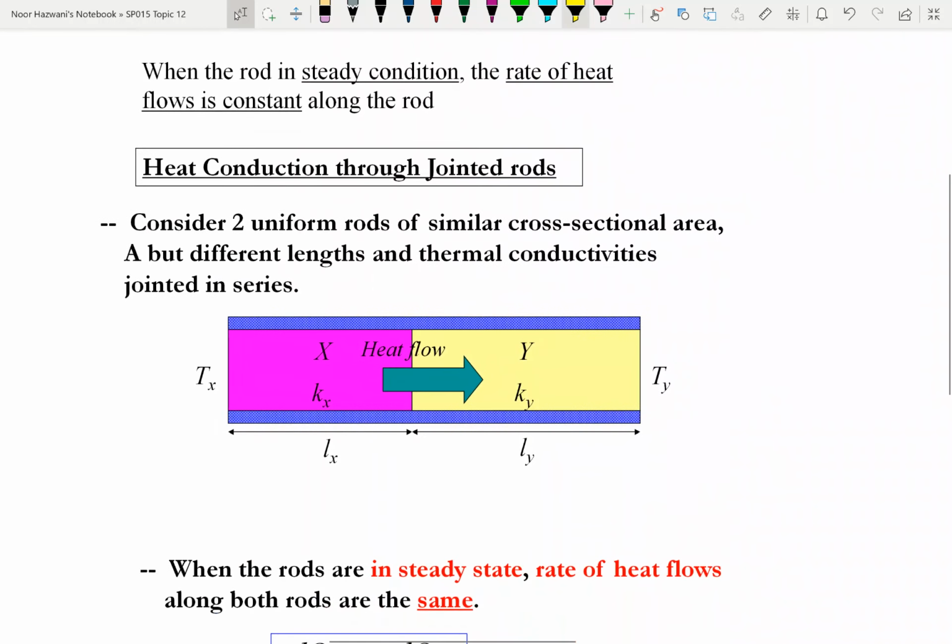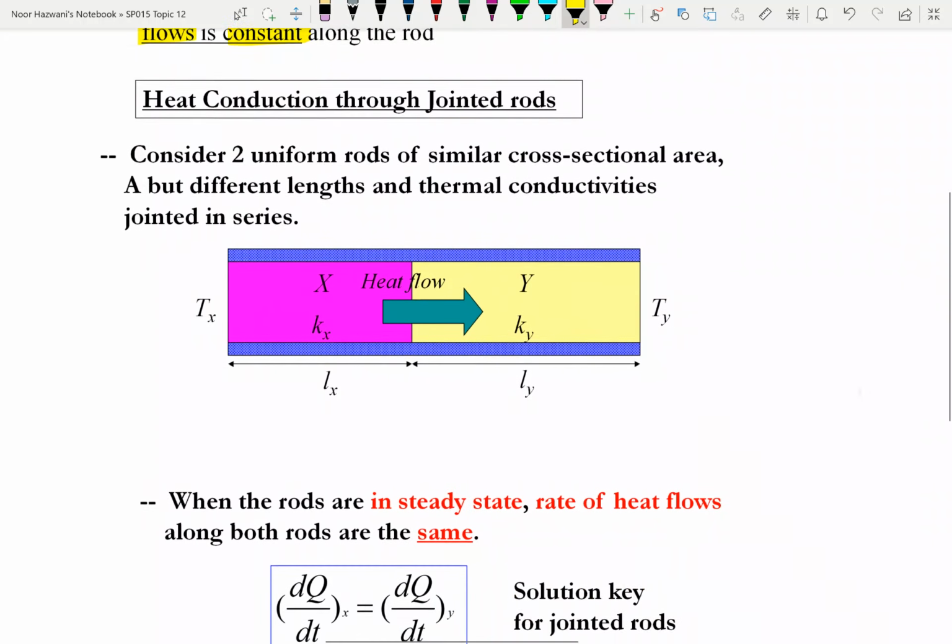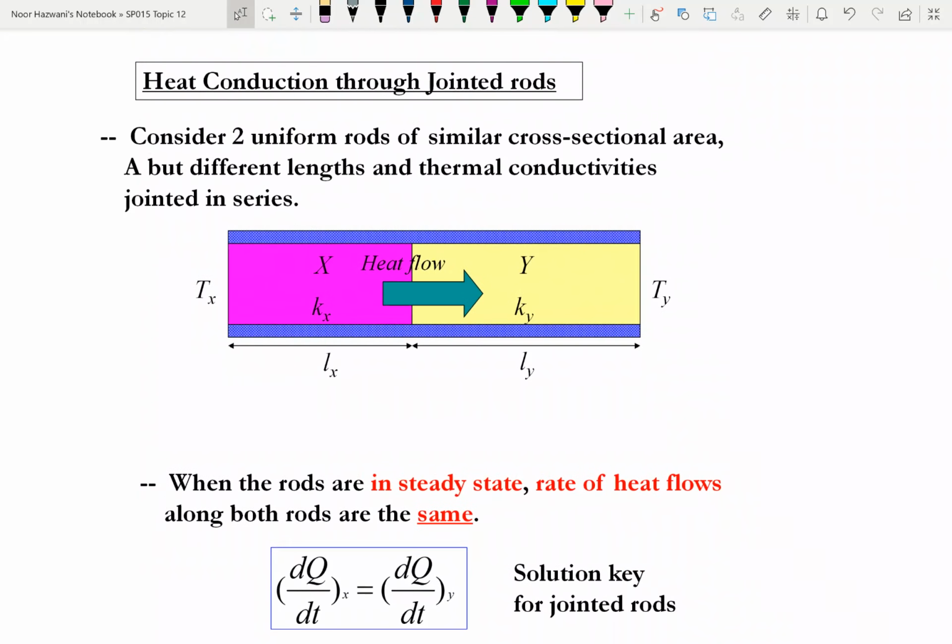Okay, tadi kita ada baca satu ayat, dia kata when the rod in steady condition, the rate of the heat flows is constant. Okay, ini ada dalam learning outcomes kita yang kedua. Dia kata bila kita ada jointed rods secara series, tegak aja, tetapi kita ada dua different rod.